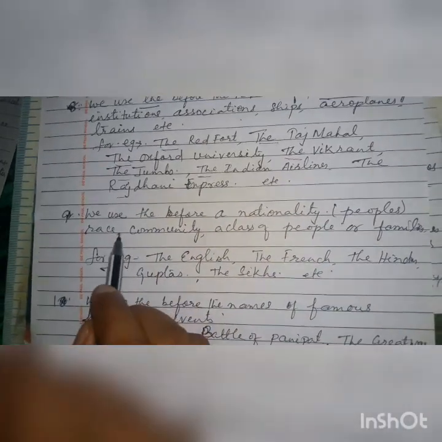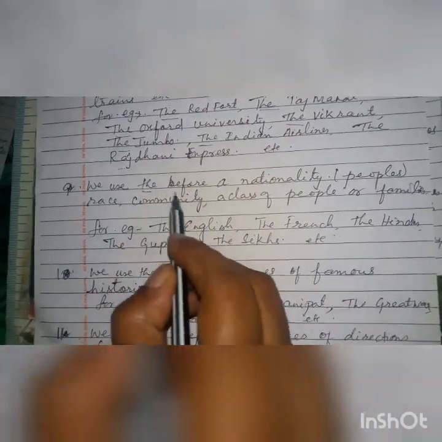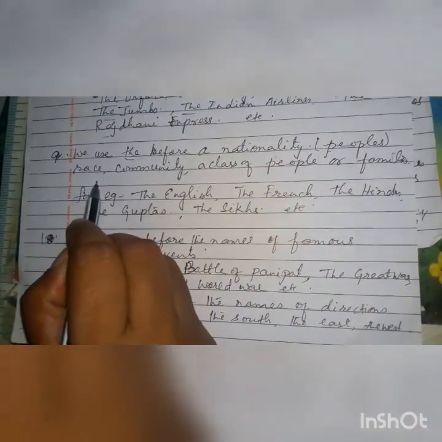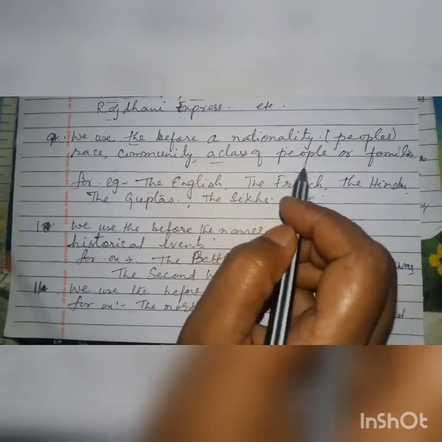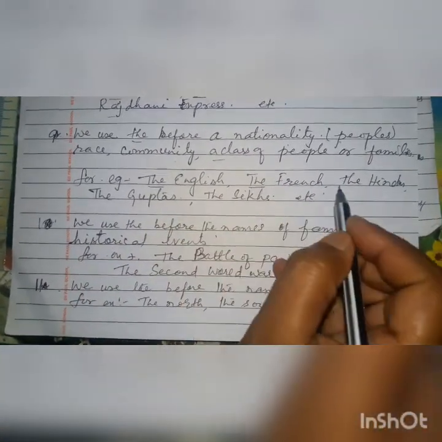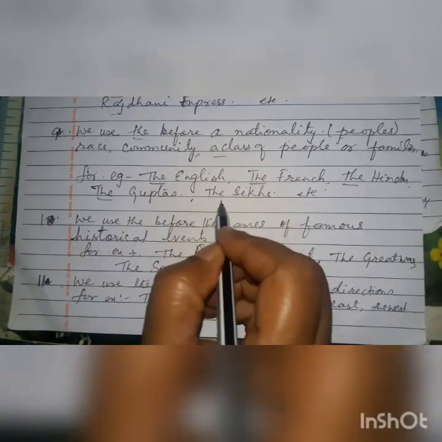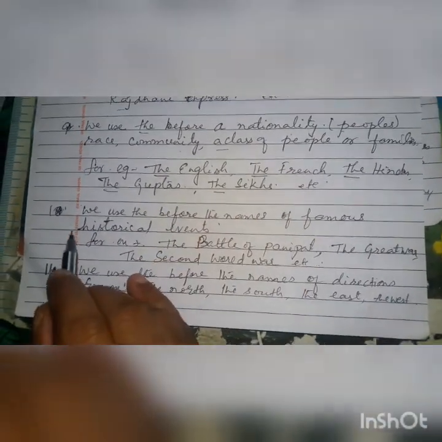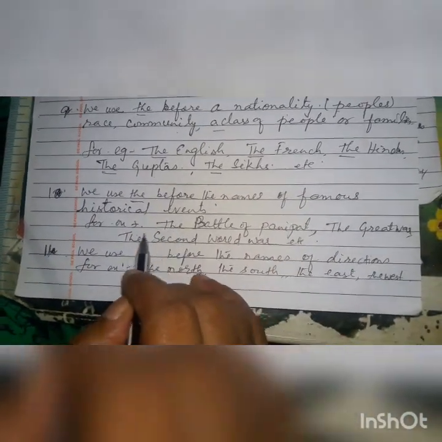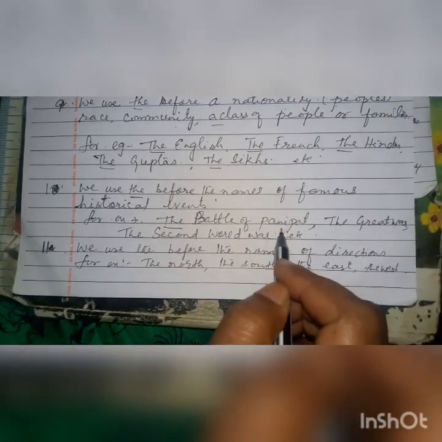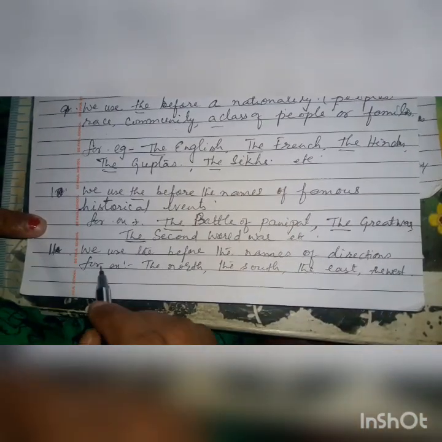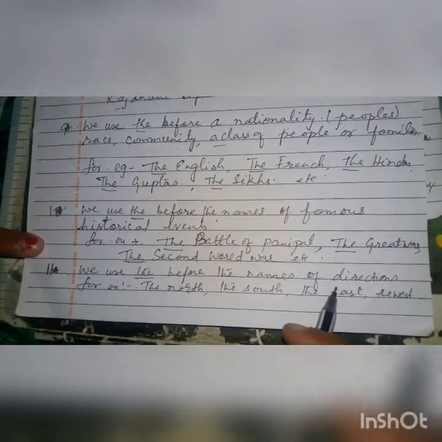Number 9, we use the before a nationality, that is people's race, community, a class of people or families. For example, the English, the French, the Hindus, the Guptas, the Sheikhs, etc. Number 10, we use the before the names of famous historical events. For example, the Battle of Panipat, the Great War, the Second World War, etc. Number 11, we use the before the names of directions.